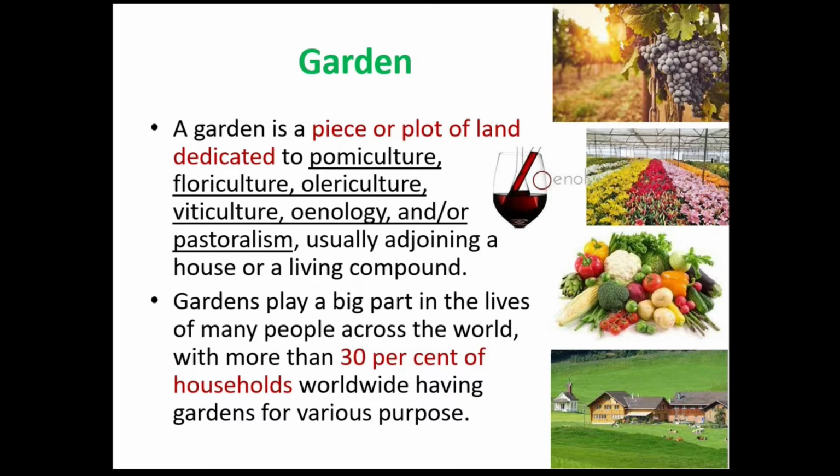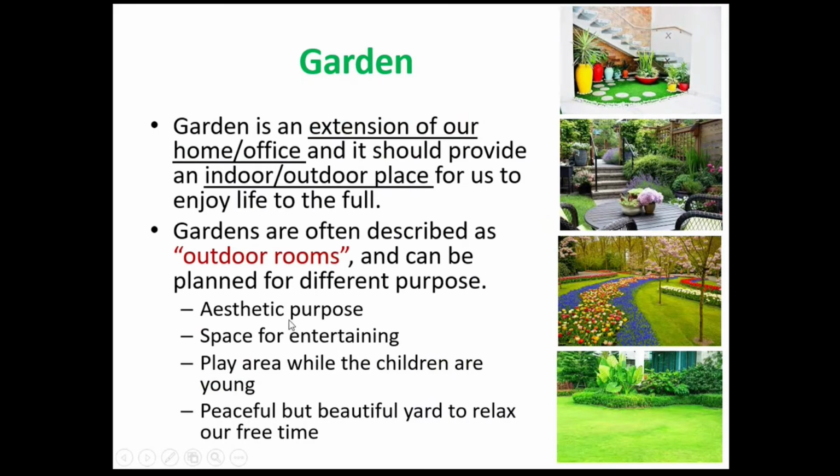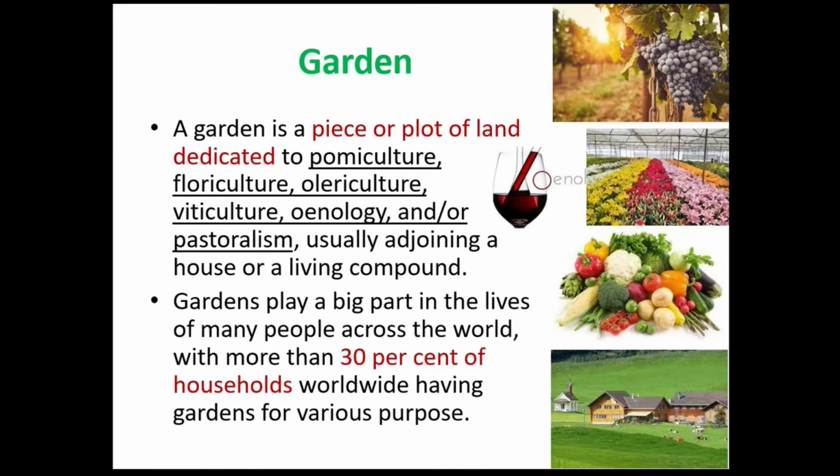Of course there are exclusive gardens which are used only for aesthetic purposes, only for entertainment, only for a play area, only for relaxing. But apart from that, many people grow a garden along with various types of flowers, fruits, vegetables and ranches. This is for aesthetic and relaxing purposes, but also we try to get some monetary benefit out of that.